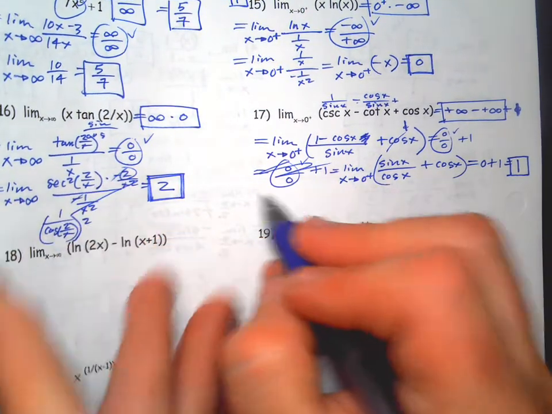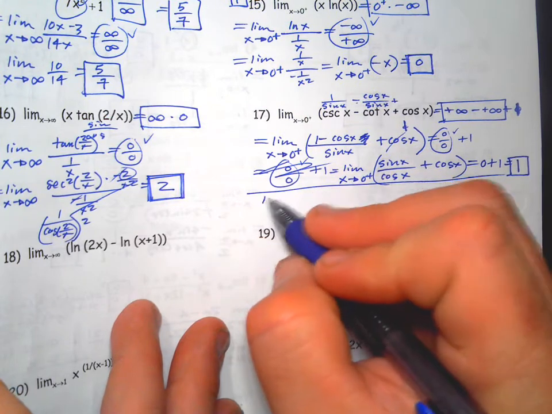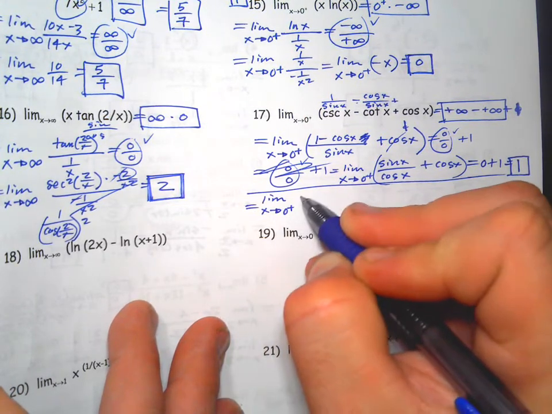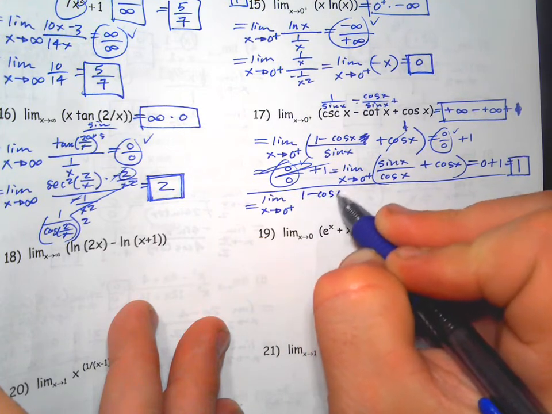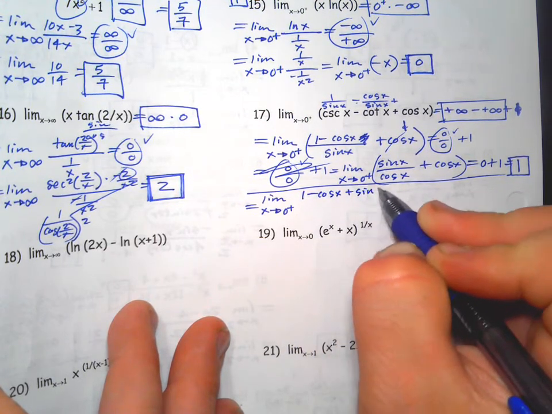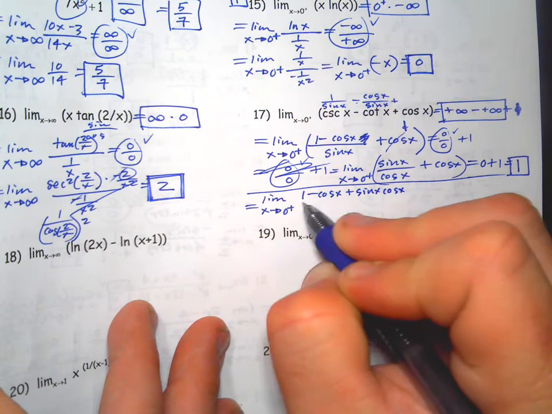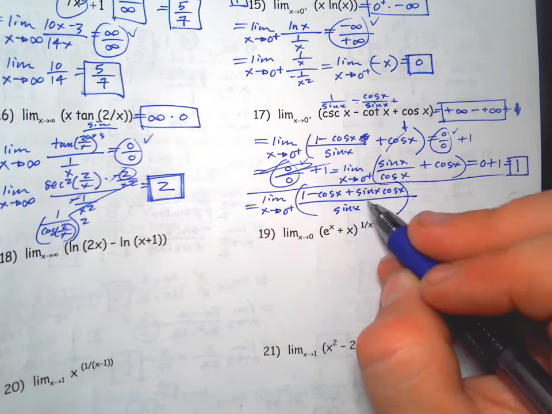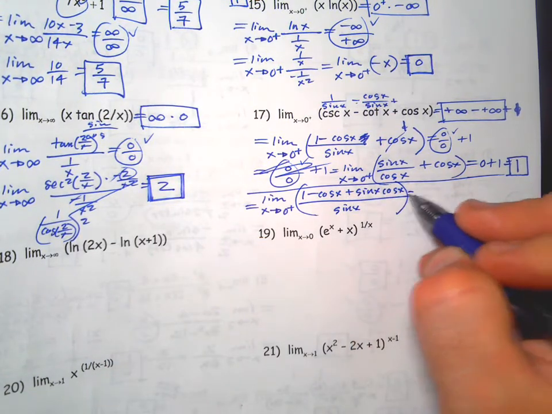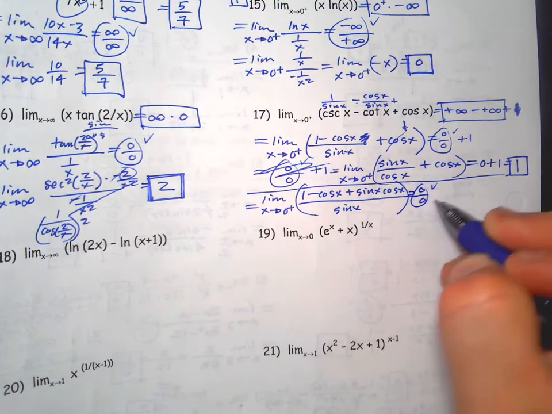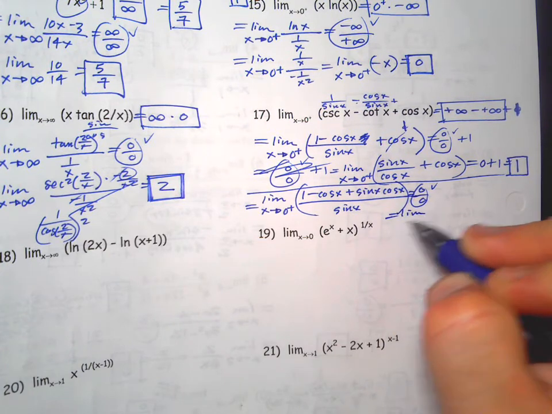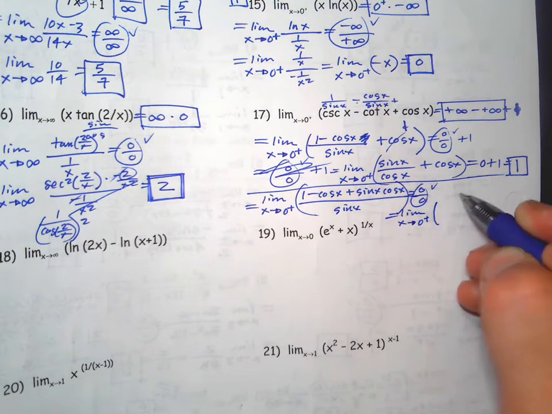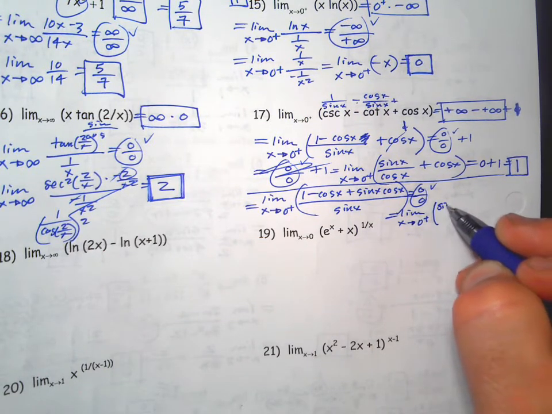Now, like I said, you could bring the cosine into it, and so instead you could have done this: 1 minus cosine x plus sine x cosine x all over sine x. You could do that. And then that would be 0 over 0, and you do L'Hopital's rule on the whole thing. So this is an alternative. I think it's a little more complicated. The top's going to be sine x, and then you've got to do the product rule.